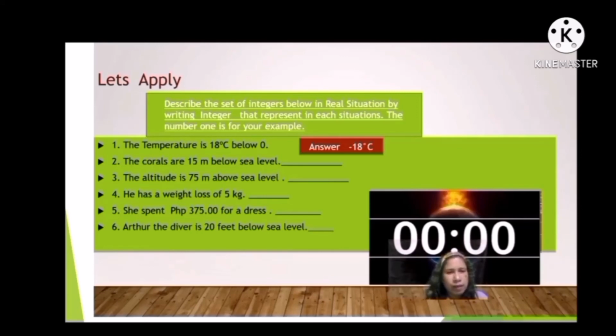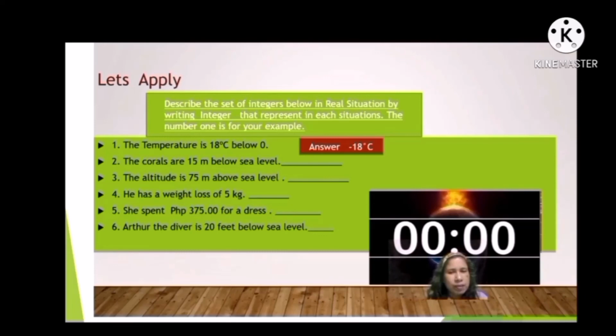Number 3, the altitude is 75 meters above sea level, so pwede may sign positive, pwede rin wala. Number 4, he has a weight loss of 5 kg, so 5 kg, pwedeng may sign, pwedeng wala.